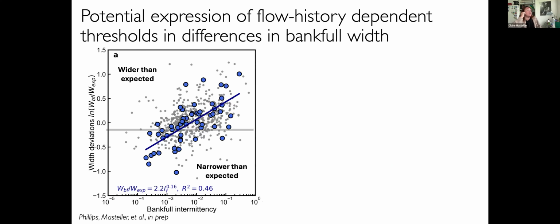And so just to emphasize here, this finding may represent a potential expression of those flow history dependent thresholds that I talked about manifesting in these differences in bankfull width.